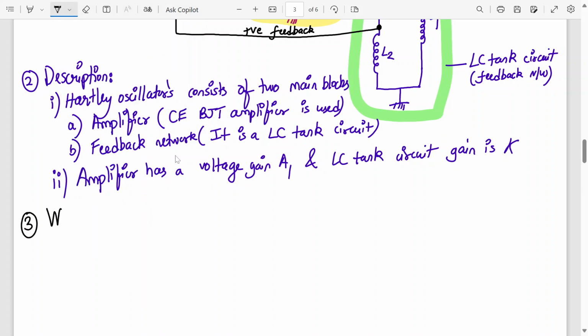Third one, working principle. Let's write the first point.